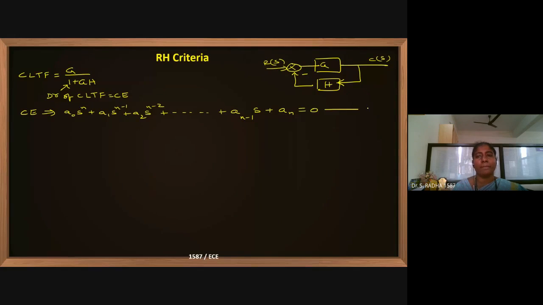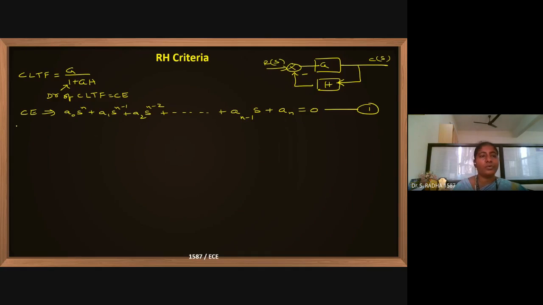So you have s power n to s power 0. We start with a0 s power n, and there are n plus 1 terms, because s power goes from 0 to n and the coefficient suffix also goes from 0 to n. This is the general representation of the characteristic equation.